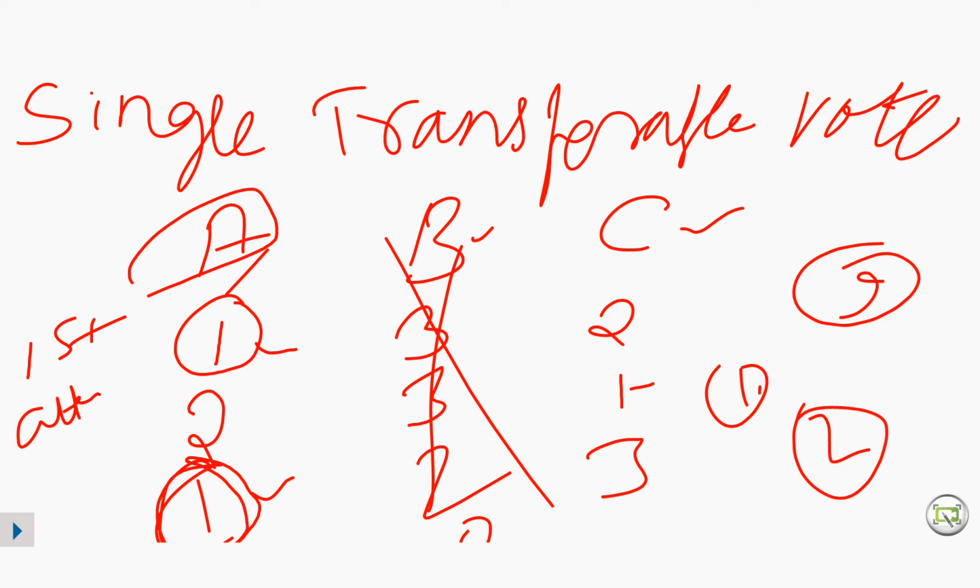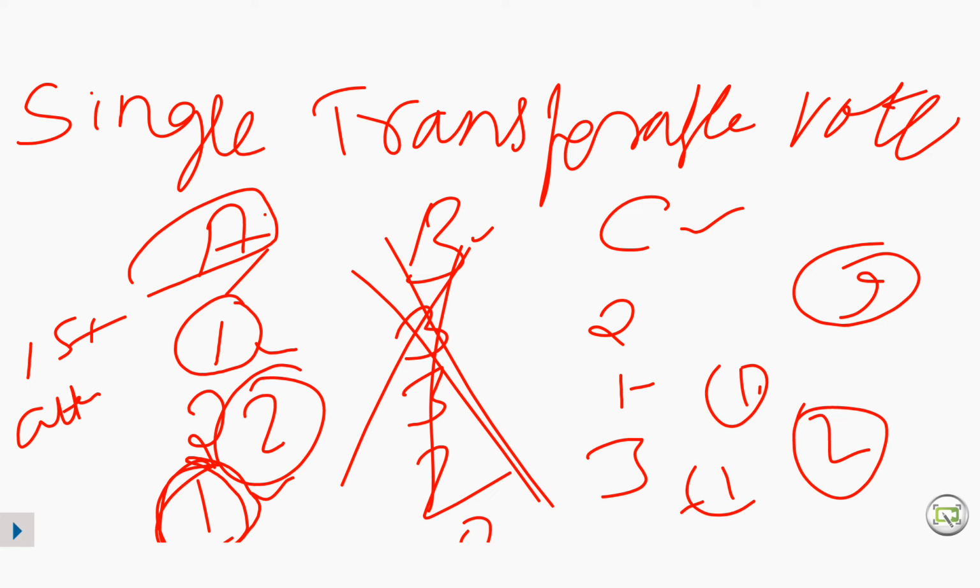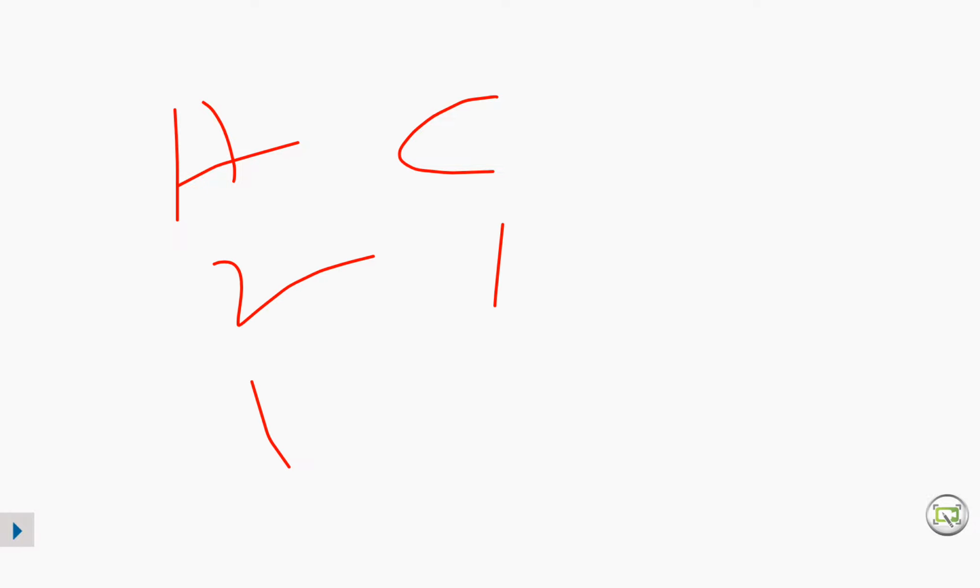In the first stage, the one who gets the fewest votes will be removed from the election. Now who will be left? A and C. Because A has 2, C has 1, and B has 0, the lowest, so B will be removed. Next, A and C. The first person gave 2, 1, 1, 2, 1, 2. So more he will get.